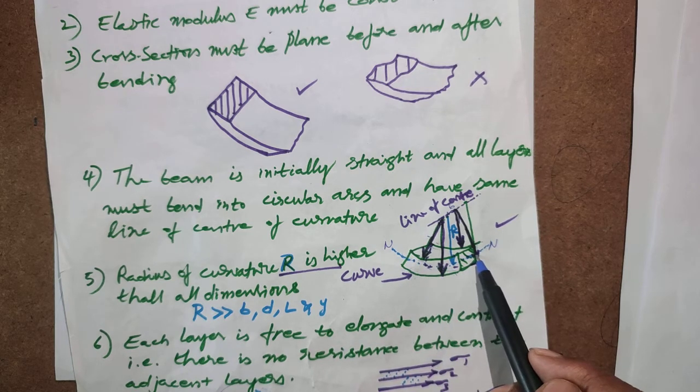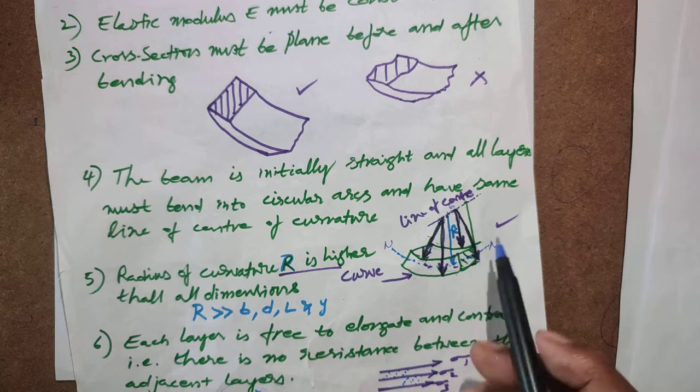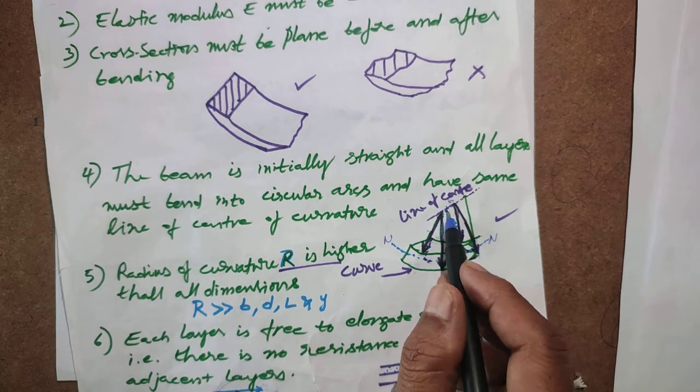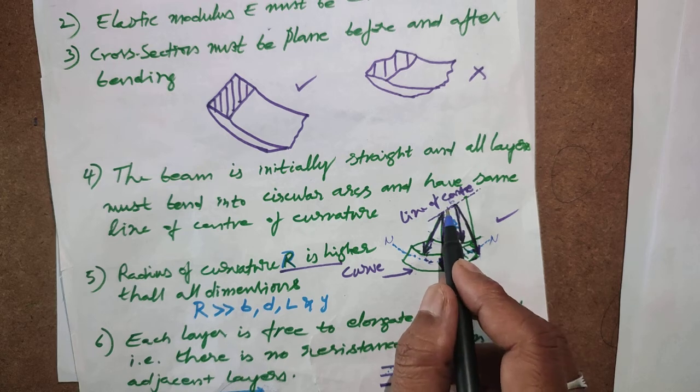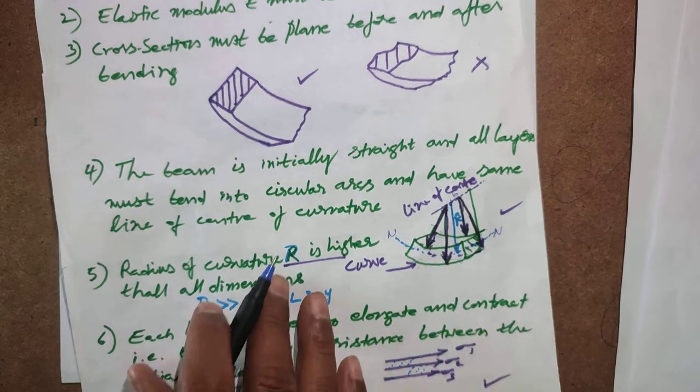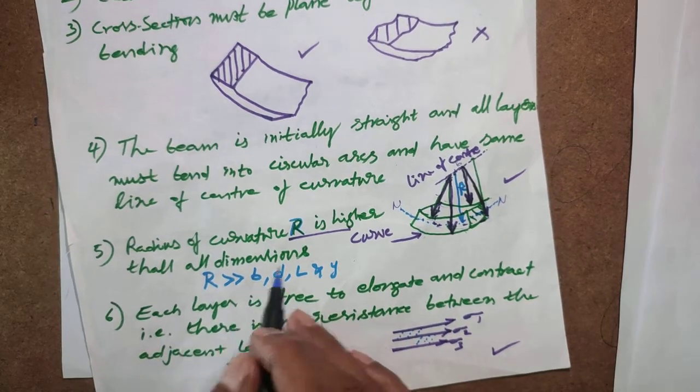The neutral axis cannot change in length. So this is the neutral axis radius from the center of curvature. This radius must be higher than all dimensions.